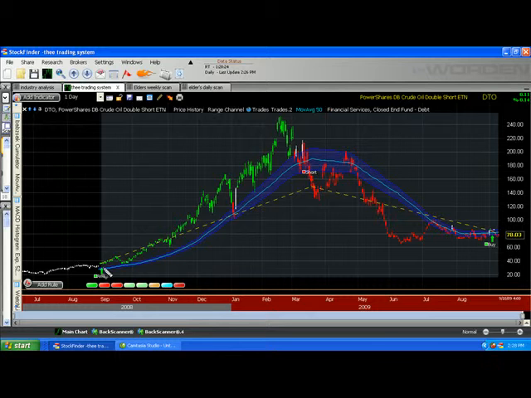And again, we can see a buy somewhere down here around $30 and a sell at $160. Okay, so from 30 to 160 in a very short time span from September to March.